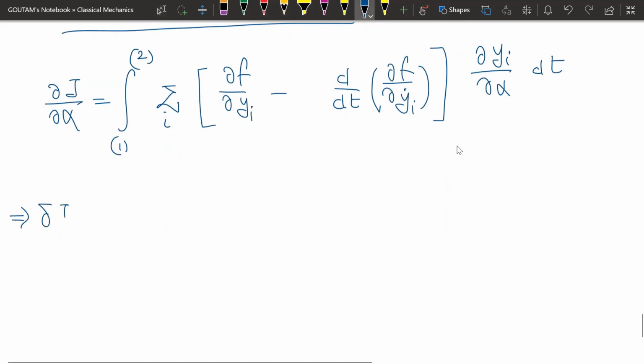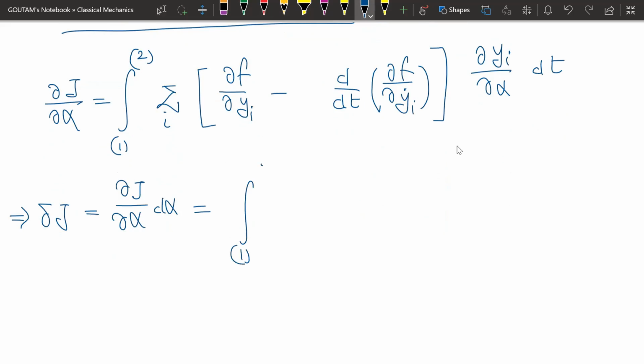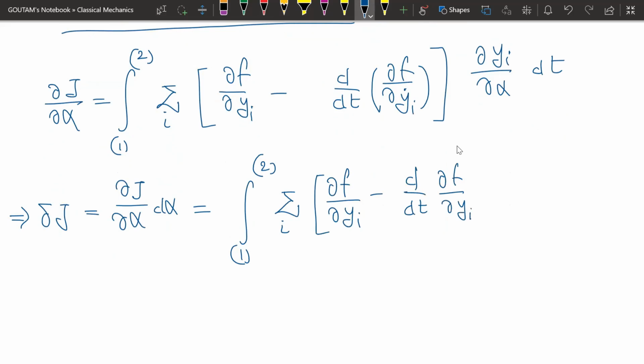So now delta J, the variation of this action, which will be ∂J/∂α dα, will be the integration from point 1 to 2, sum over i, of [∂f/∂yi minus d/dt of ∂f/∂yi dot] ∂yi/∂α dα.